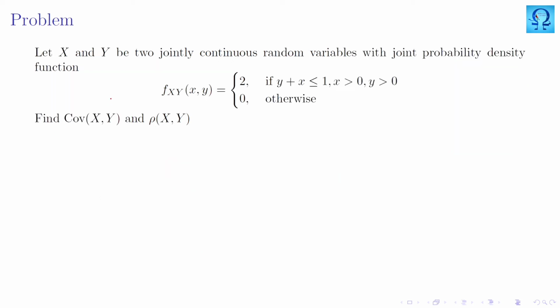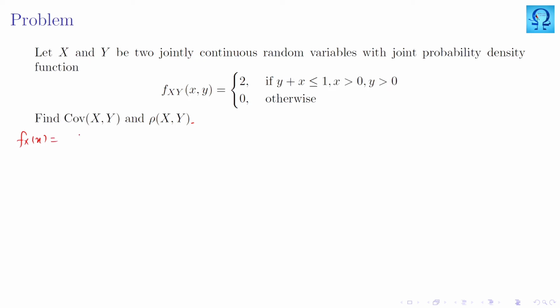Moving further, here we have a joint density. We are asked to find the covariance and correlation coefficient. Let us see how we do it. First, let us calculate the marginal densities.